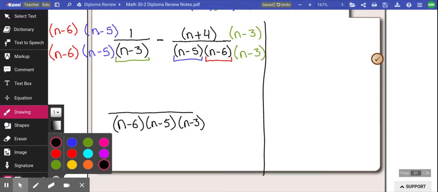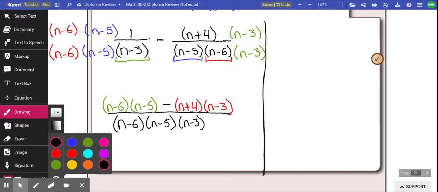So on the top, I have n minus 6 times n minus 5. That came from the first fraction. And I'm still subtracting. And then I have n plus 4, n minus 3 from the second fraction.